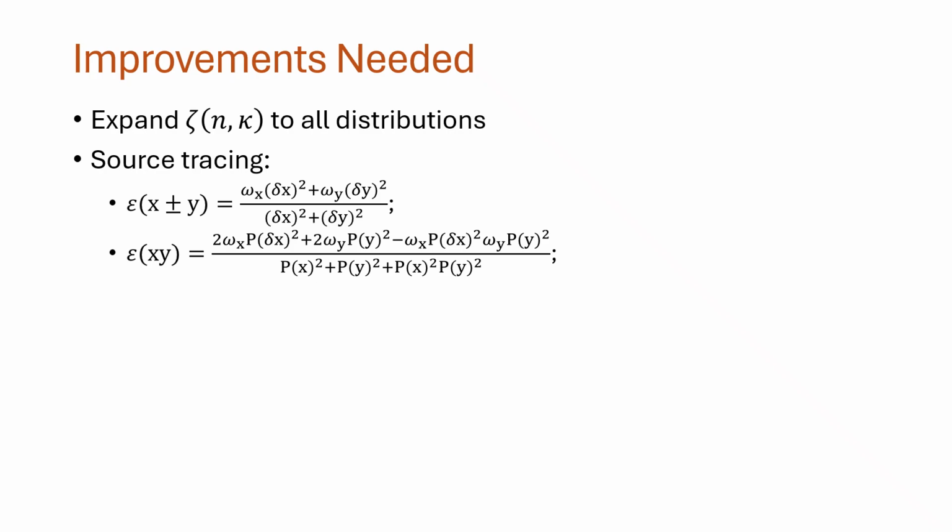Second, we need to do some source tracing. For example, for x plus y, the first formula gives the result ideal leakage from the input leakage, and essentially shows it is a deviation weighted average of input leakage.